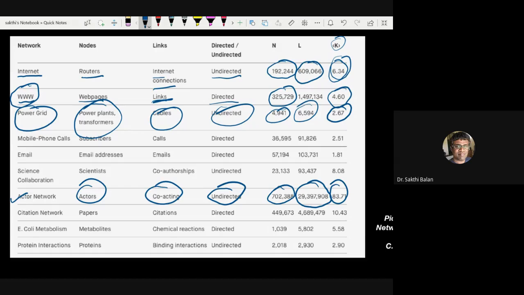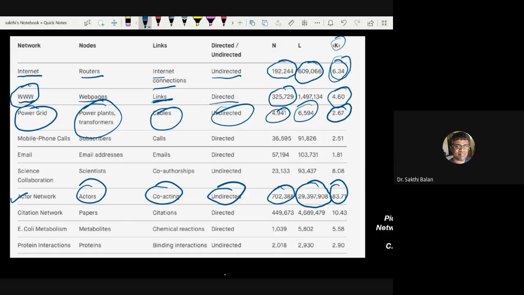That means every actor has acted with almost 83 other actors, right? So this network is somewhat different from the other networks because the average degree itself is so huge. Let's keep that in mind.